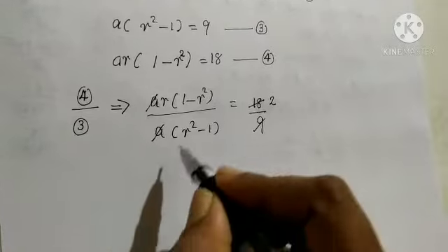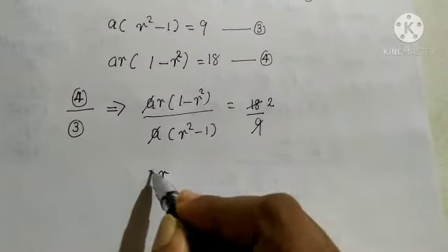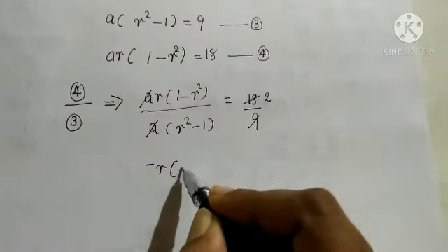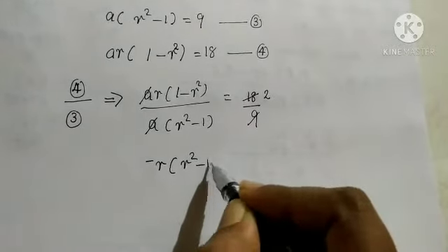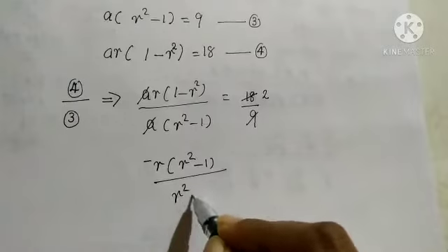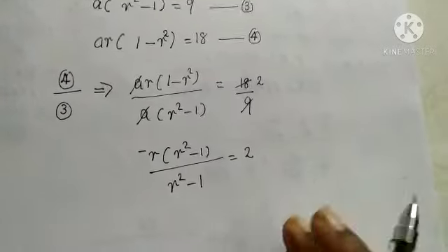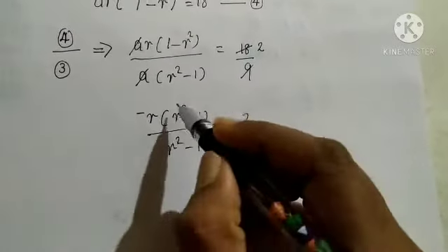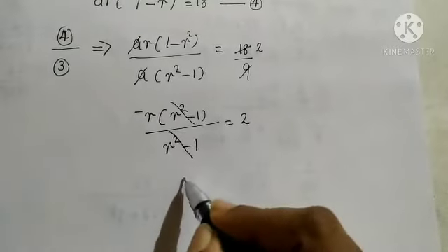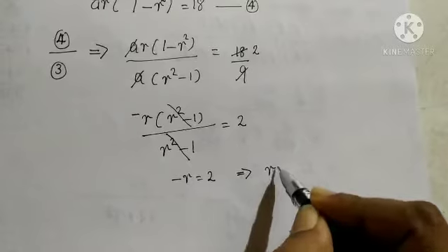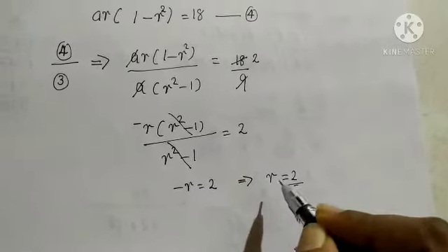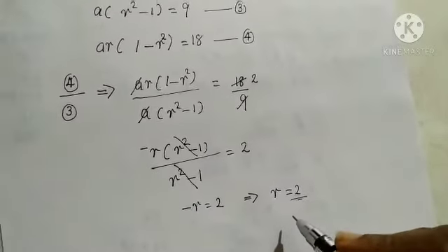Okay, next I am going to take a negative from the numerator, so it will become minus r into r square minus 1, and the denominator remains the same, equal to 2. And these two terms will cancel each other, and we get minus r equal to 2, and from this we get r equal to minus 2. r means the common ratio is equal to minus 2.